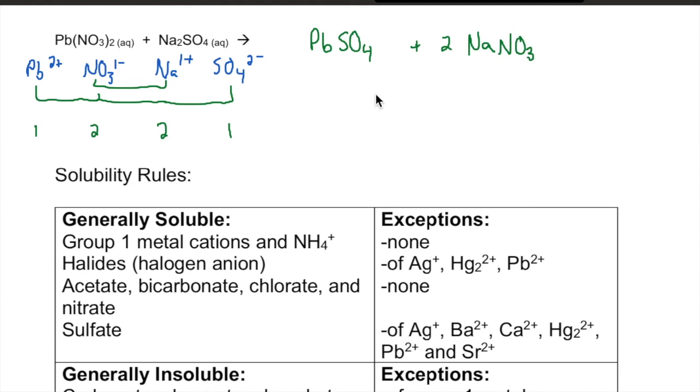And now the last thing is to figure out which one is a solid and which one is dissolved in solution. And sulfate is generally soluble except with lead-2. So this is not soluble. This is going to be a solid precipitate. Group 1 metals and nitrates are soluble with no exceptions, so this is definitely dissolved in aqueous solution.